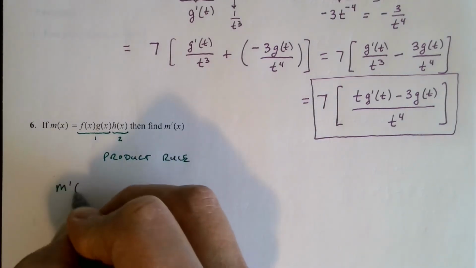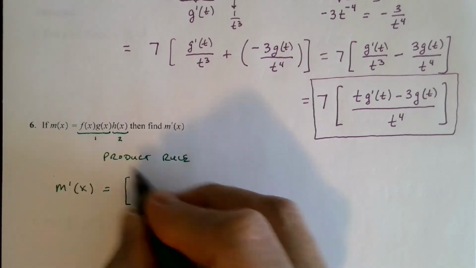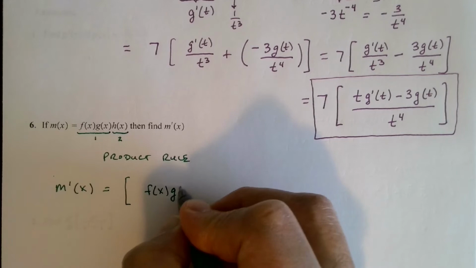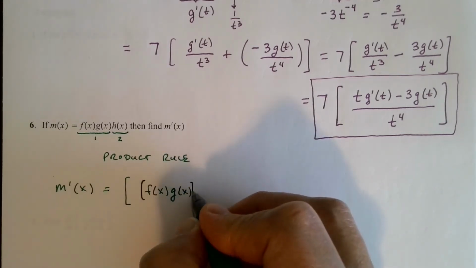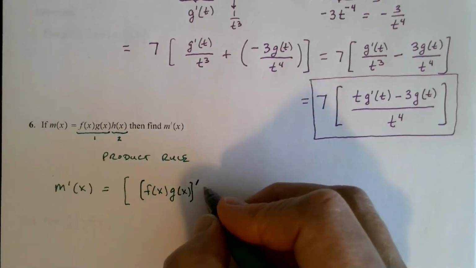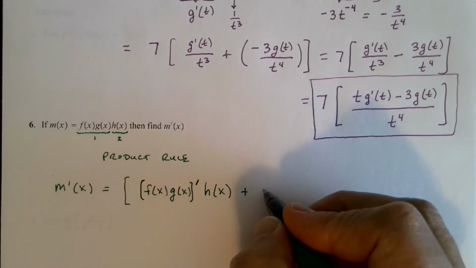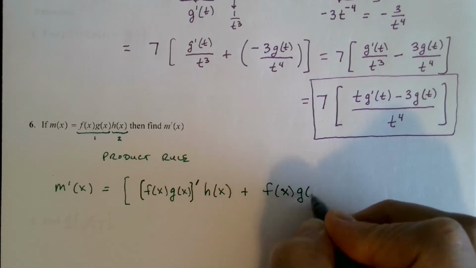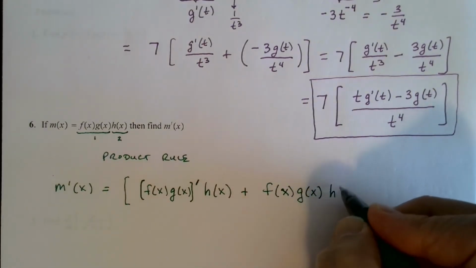So m prime of x is the derivative of your first function. And the first function is a product of 2 functions, so let's put those in parentheses, and prime, take the derivative of that, times h of x plus f of x times g of x times h prime of x.